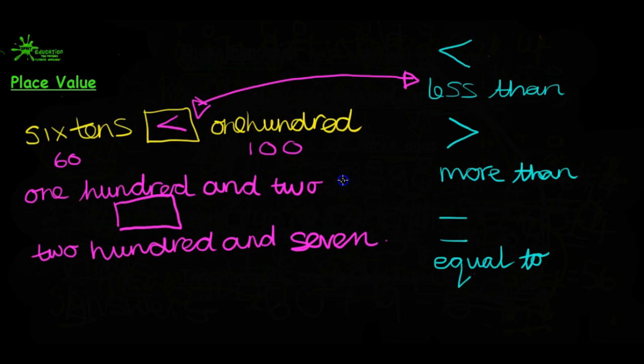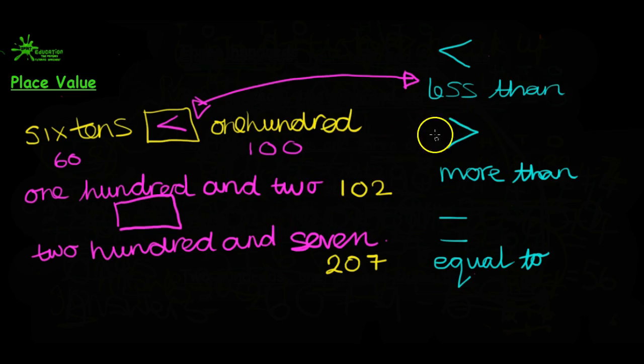102. There are no tens, so we use our place value holder, which is a 0, and 2 ones. 102. And the next number is 207. 200, again a place value holder, and 7. Now we can very easily see that 207 is more than 102.